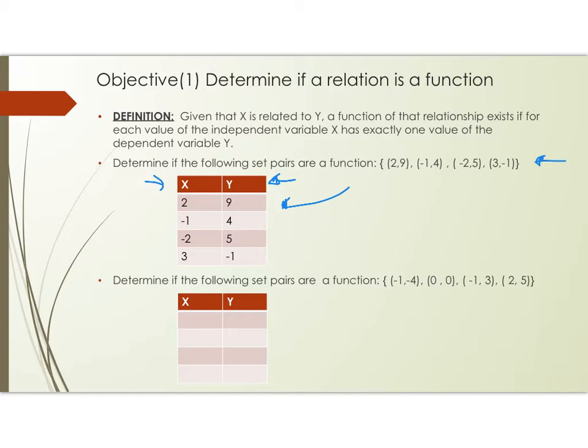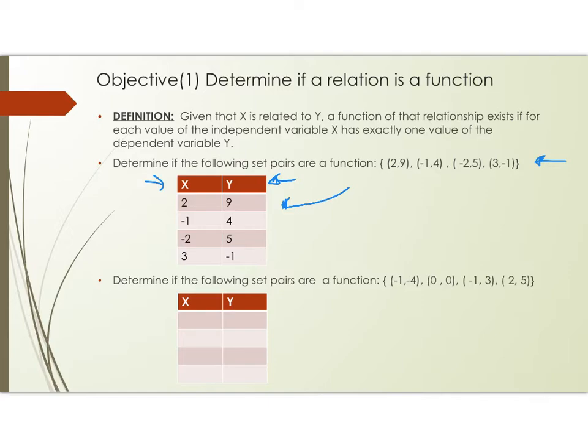For 2, there is only one value, it's 9. For -1, there's only one value, it turns out to be 4. For -2, there's one value, 5. And for 3, there's exactly one value, -1.